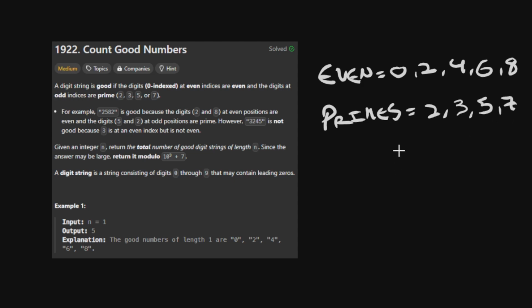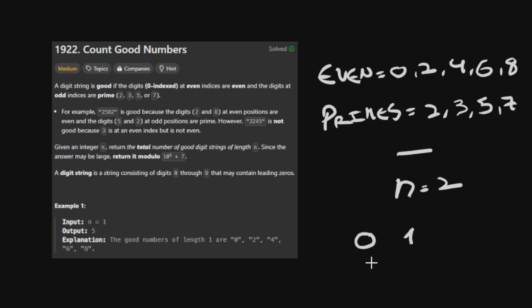So what this means is the following. Let's say again n is equal to 2. This means we have 2 indexes, 0 and 1, and for index 0 we have 5 possibilities because index 0 is even.